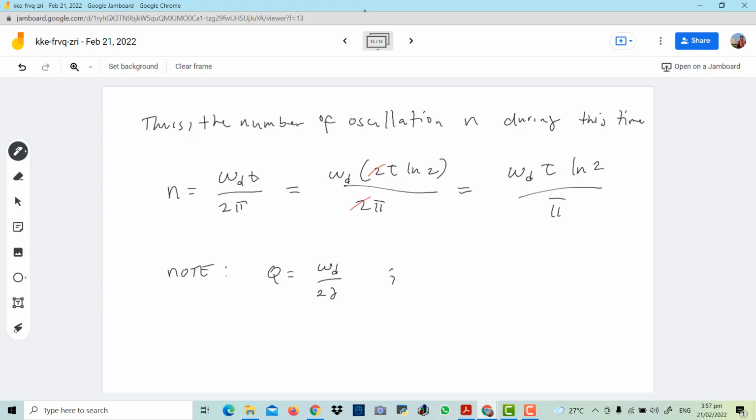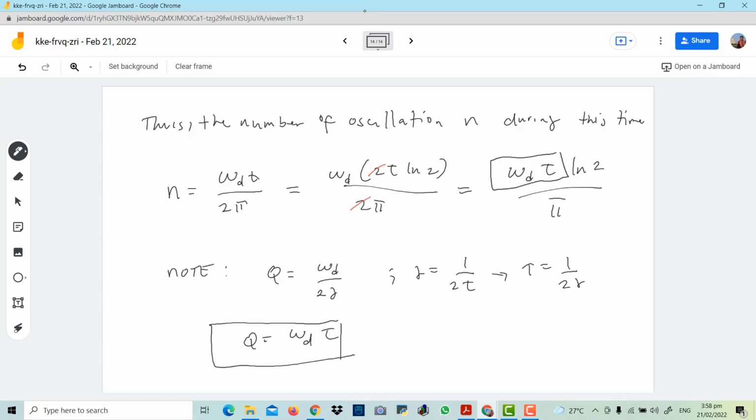Gamma is equal to 1 over 2 tau. So therefore, tau is equal to 1 over 2 gamma. So therefore, this Q is equal to omega d times tau. As you can see, omega d tau is just equal to Q.